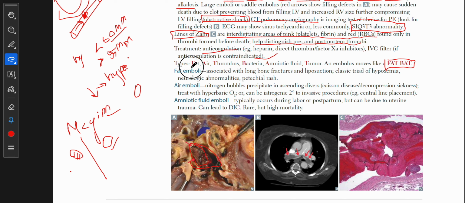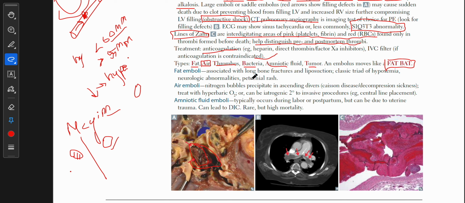Fat embolism also is there, and air embolism actually occurs if there is a history of deep diving, compression syndrome or decompression embolism, and also thrombus. It is always in the state of hypercoagulability, and bacteria in infectious causes, amniotic fluid in pregnant ladies, and also tumor in a person with malignancy.